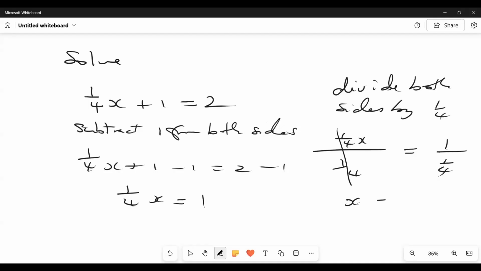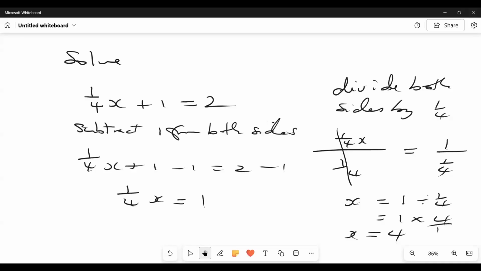You get x equal, I'll write this as 1 divided by a quarter, which is 1 multiplied by 4, right? Or 4 over 1, which is 4. So x equal 4. Think you follow this one? Yeah, this one I heard, sir.